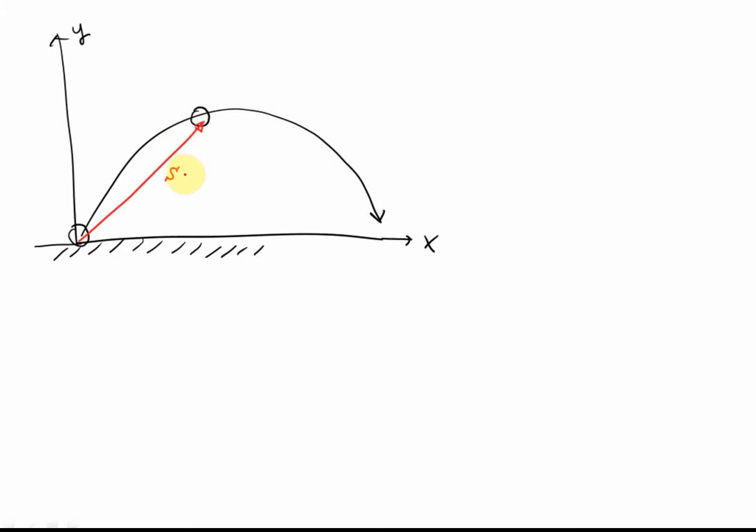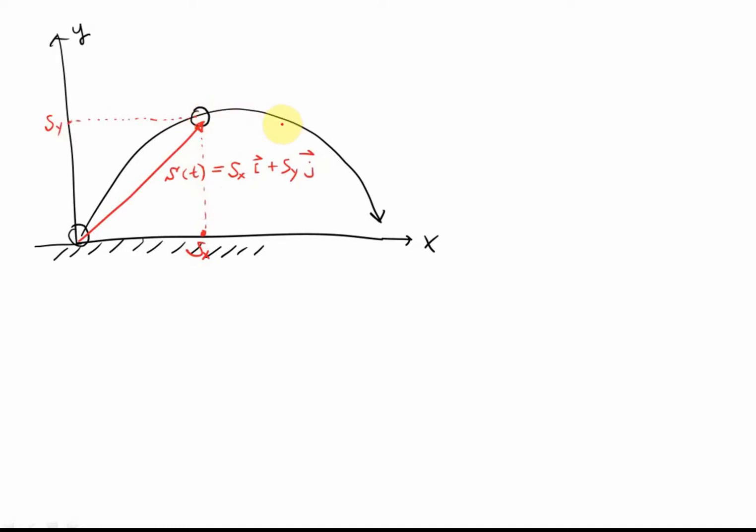function. Okay, so my position function is a function of time, and it can be broken into x and y components, sx i and sy j. sx means the x position, and then you can break out your y position at any given time.